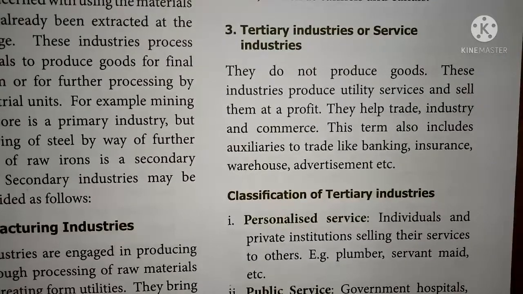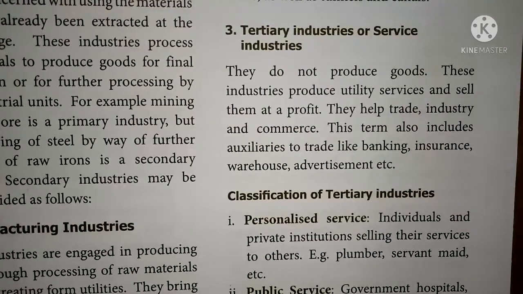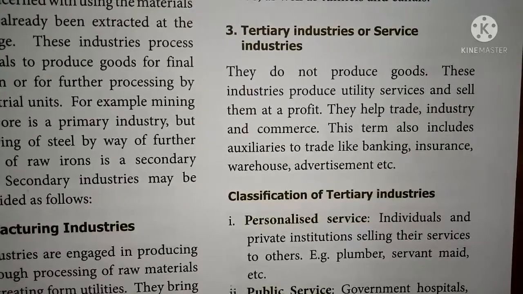This type of organization is called tertiary industries or service oriented industries, because they help the movement of trade, industry and commerce. By rendering services they collect revenue and earn some profit.